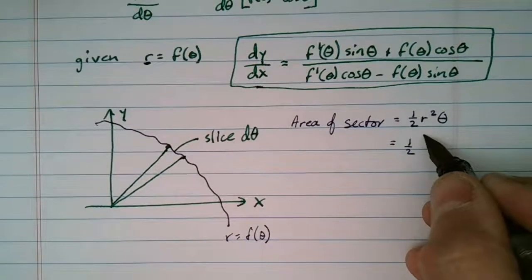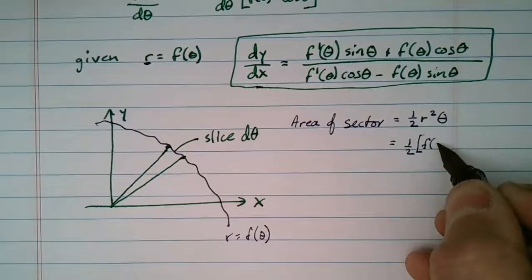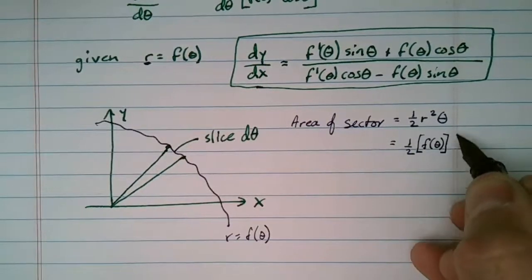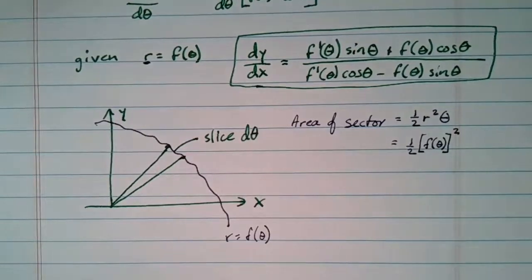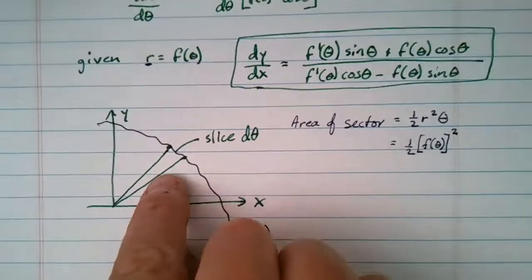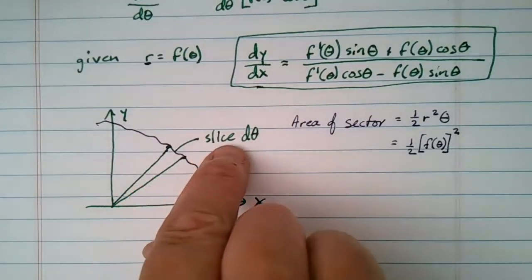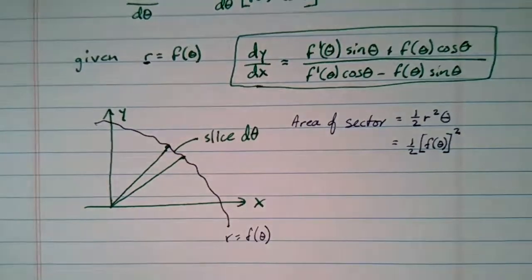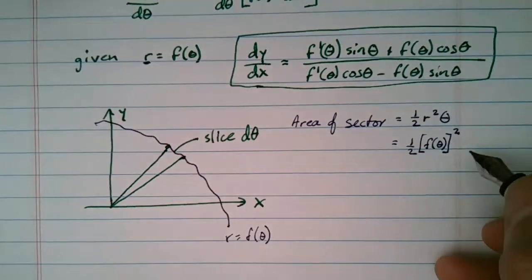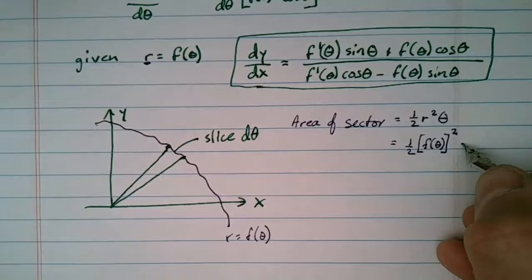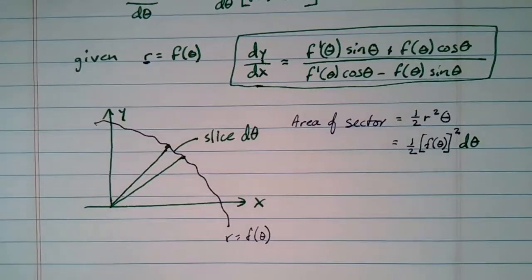So this becomes f of theta squared, right? And our theta will actually be, instead of being the angle of the sector, this will be d theta, or delta theta, right? It's 1/2 f of theta squared d theta.